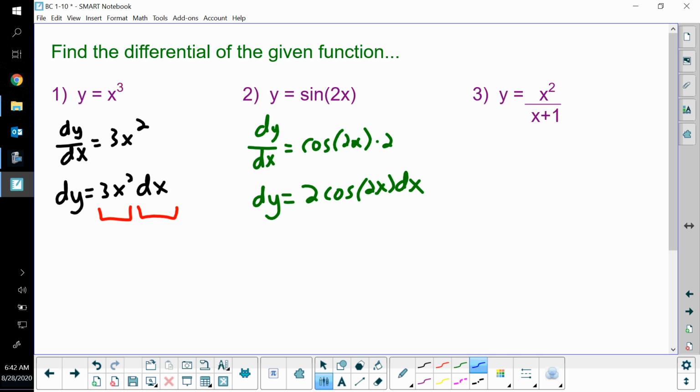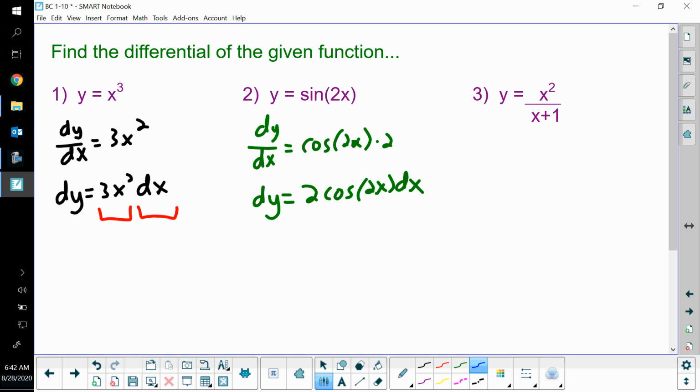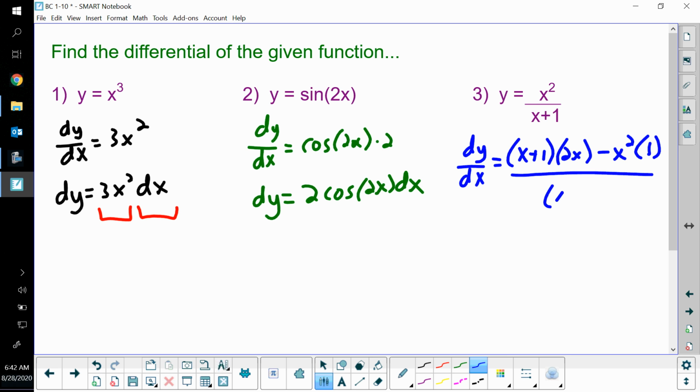In our third example, we get to do quotient rule. So we've got to do quotient rule for our derivative. So there's our quotient rule. We want to get the dy alone, but before we do that, let's neaten up the quotient rule a little bit.